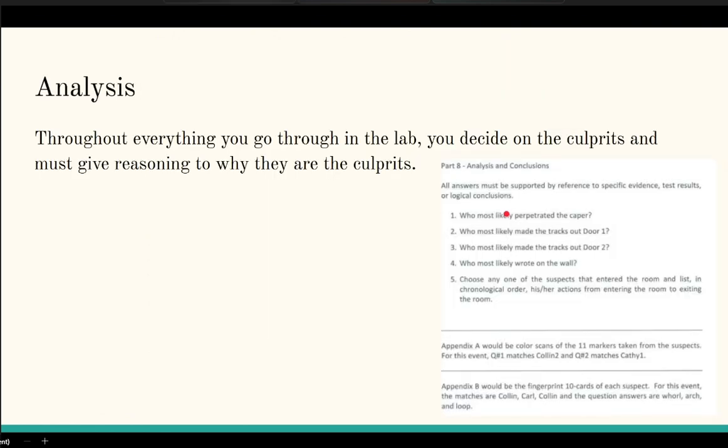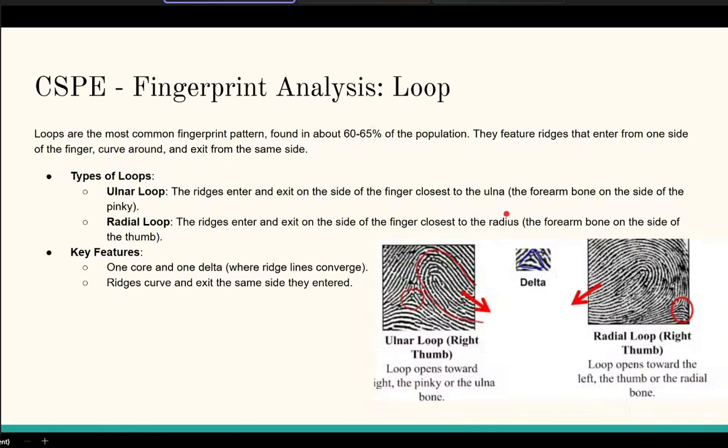The last type of fingerprint pattern is loops, and they're the most common type of fingerprint pattern. 60 to 65% of the population, you most likely have this type of fingerprint, and they're essentially ridges that enter from one side, curve around, and go back out the same side they came from.